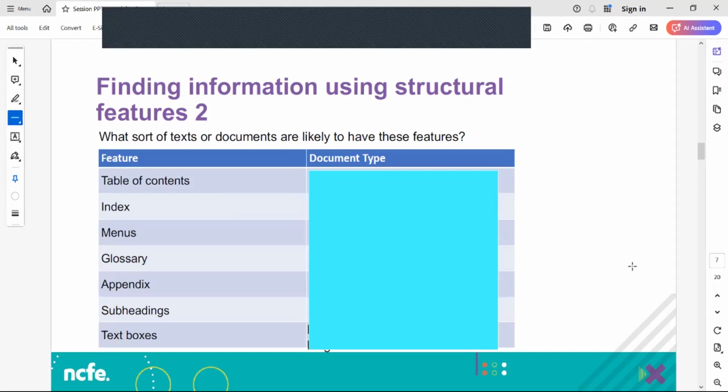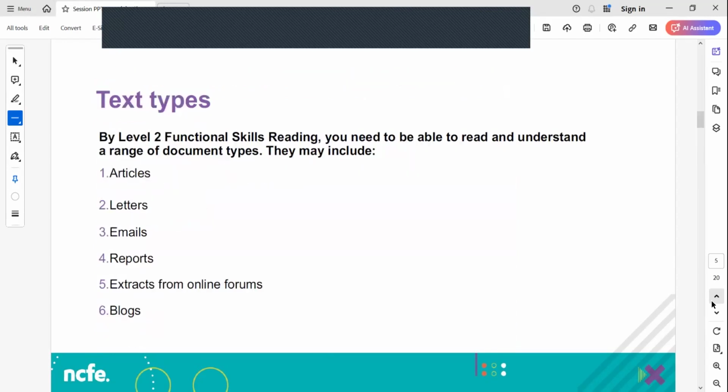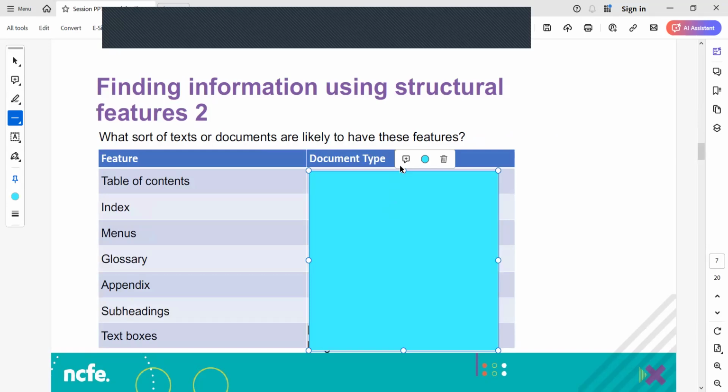So a table of contents. Where might you find that? Okay, let's have a look.